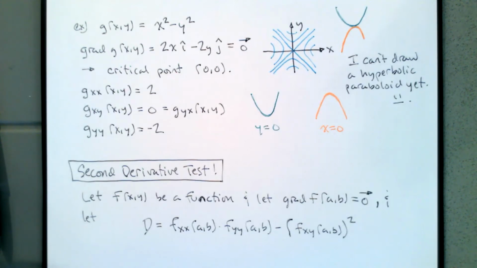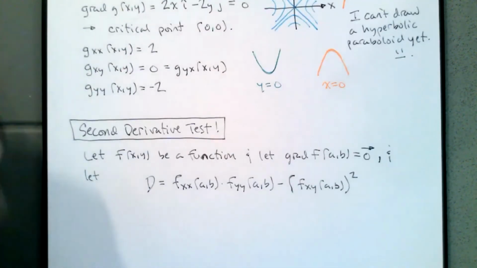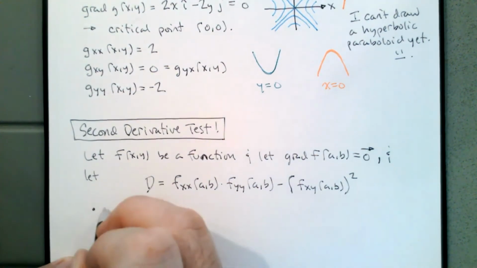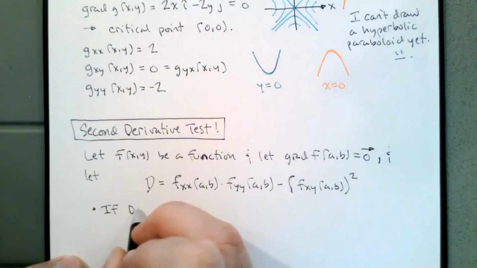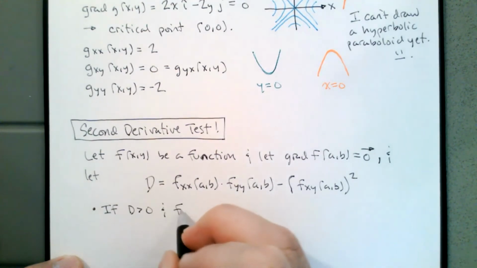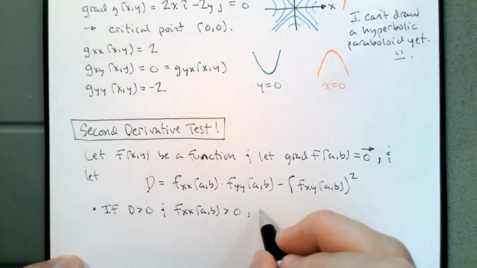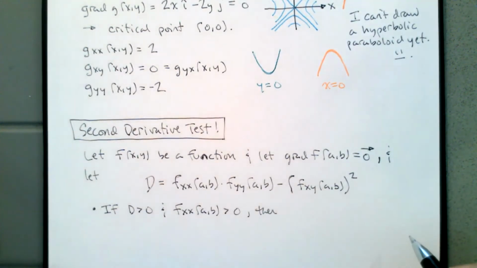And then based on the value of D, we're going to make conclusions about what's going on at x naught, y naught. Here are the things that can happen. If D is positive and fxx at AB is positive, then we have a local minimum at AB.